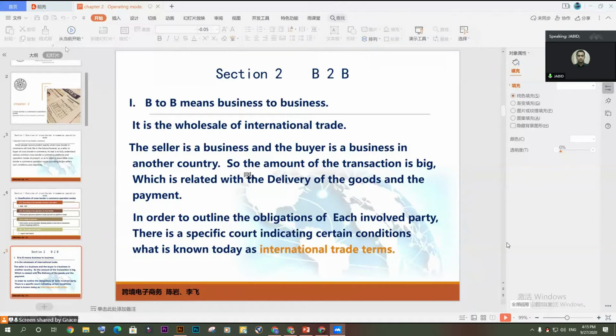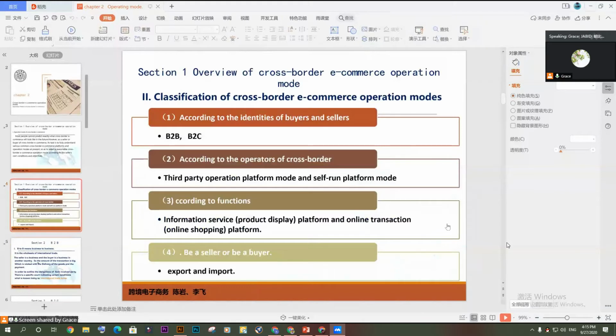We can see section 2, not section 1. Okay, let me operate it one more time.